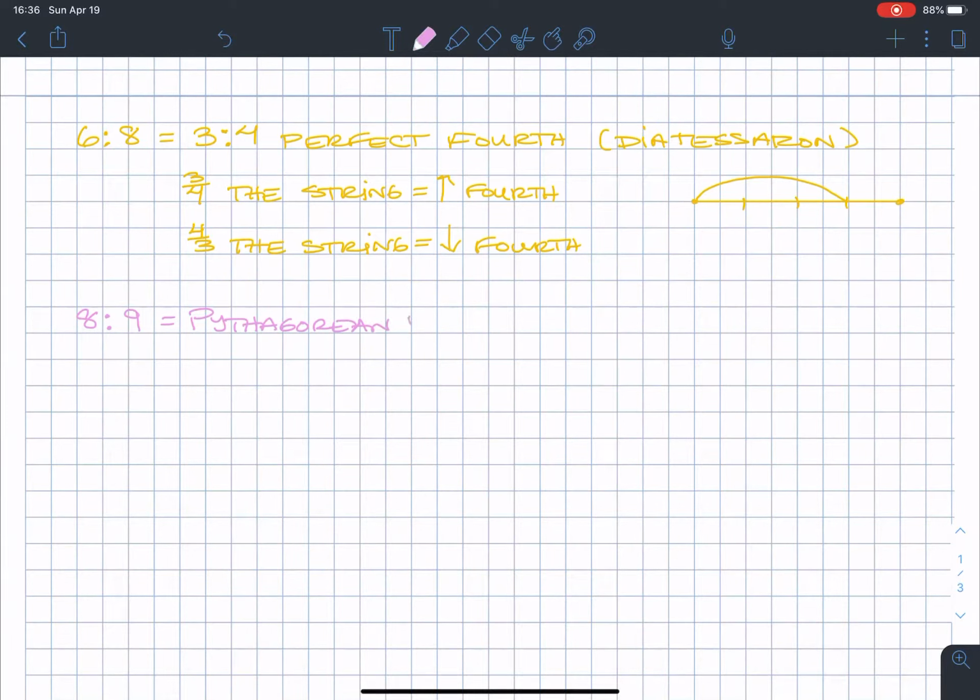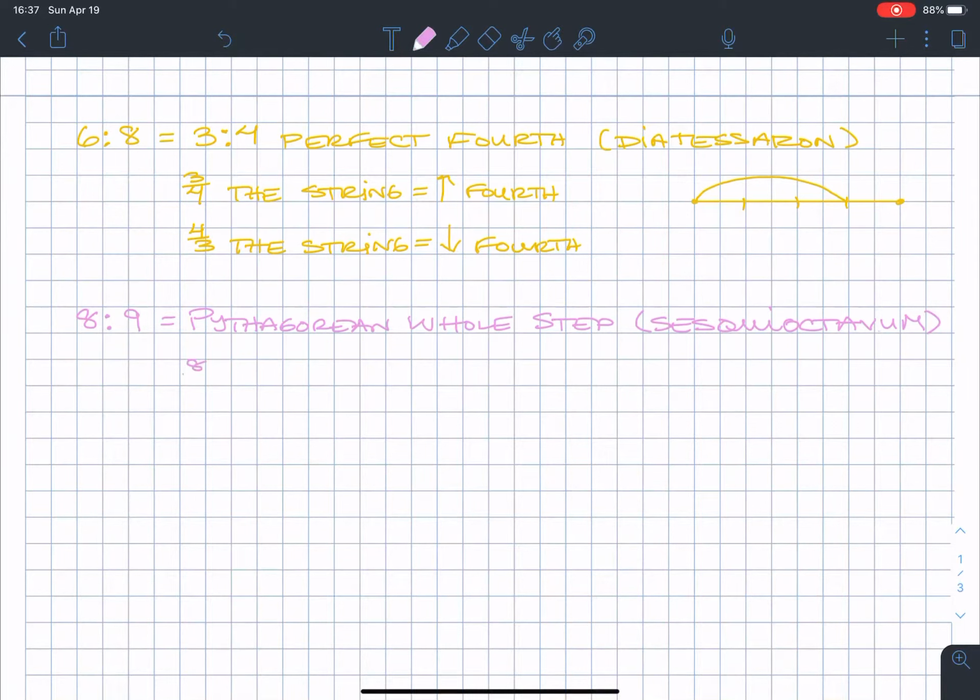Otherwise known as a sesquioctavum. Ecclesiastical, I could say octavum, but it depends on which Latin we're speaking here. Okay, sesquioctavum, and what do we have here?